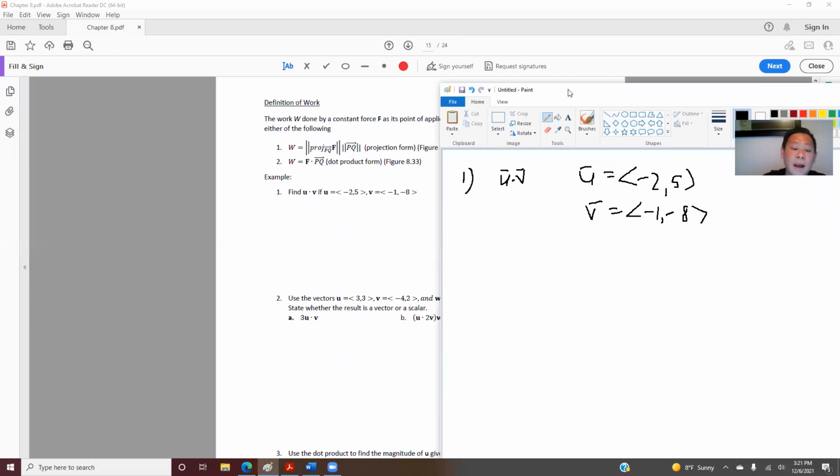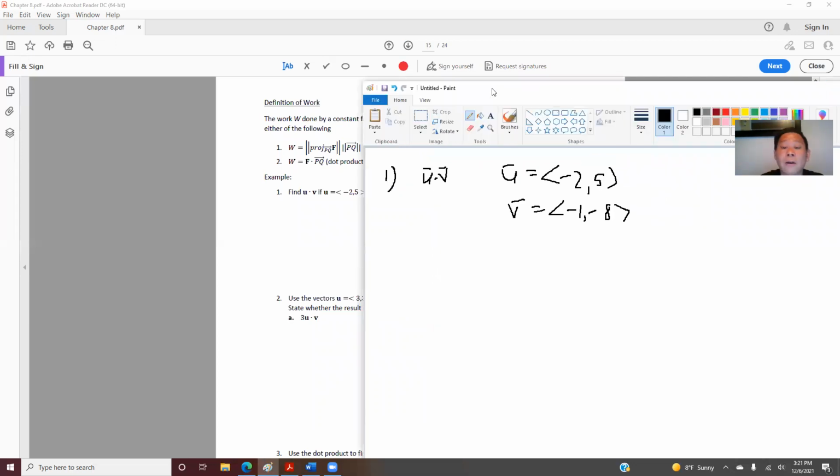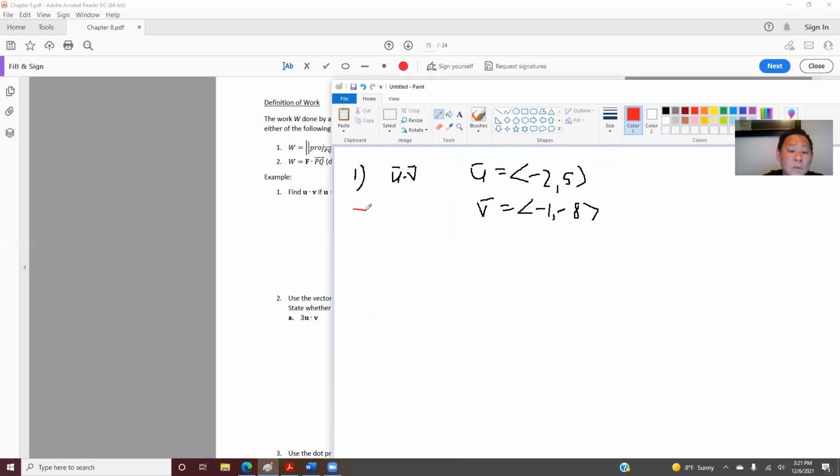In order to find the dot product of u and v, take these two, multiply, dot means multiply, and then take those two, multiply, and after that you sum it. So -2 times -1 is 2. 5 times -8 is -40, and then you add it up. So this is -38. This is what we call the dot product.